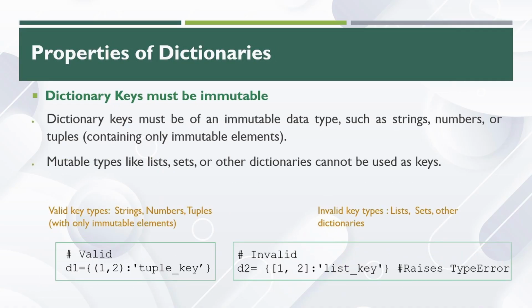Next, keys in a dictionary must be of immutable types like strings, numbers, or tuples containing only immutable elements. Mutable types like lists or sets cannot be used as dictionary keys and will result in a type error.